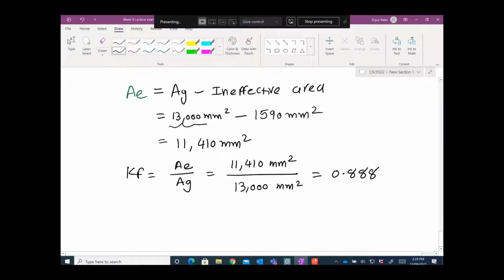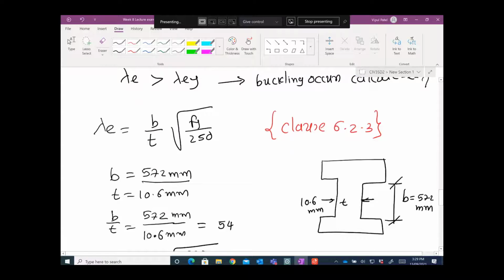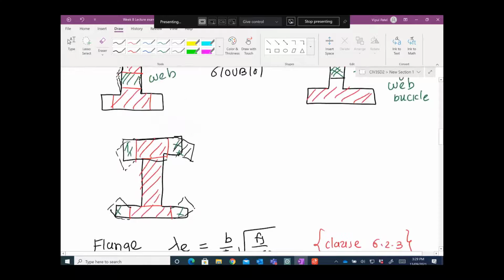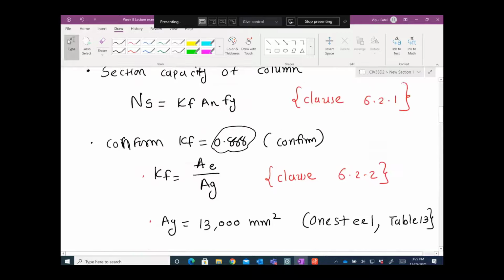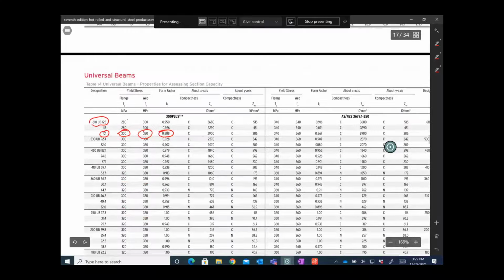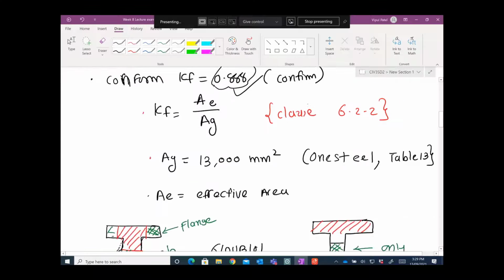Right, so 0.878, almost there. So there is a check here: with our value, the form factor is confirmed, right? Because if you look at the tables on the next page, the form factor given to us is 0.888, and that's how we calculate it as well.